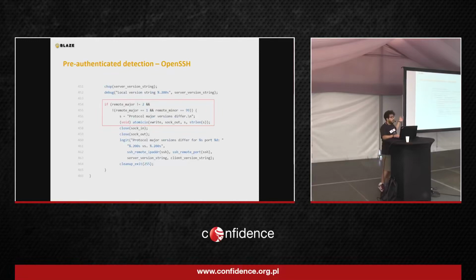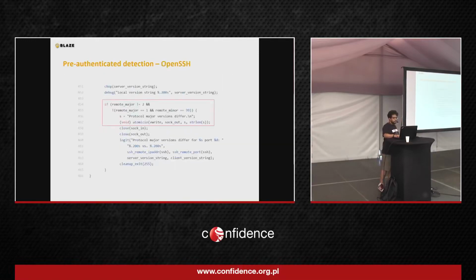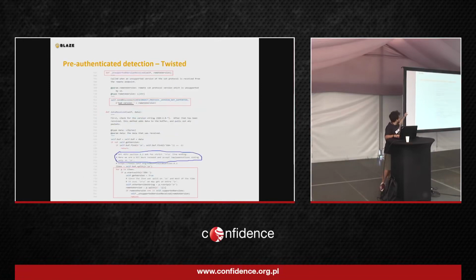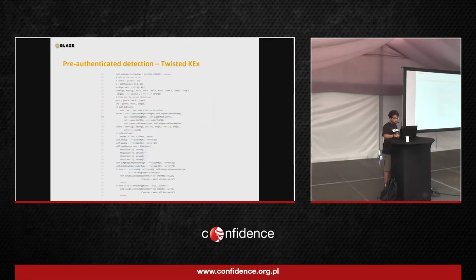This is what I was just saying about the bad version. Here it will say bad version when this for loop and these conditions are not satisfied, whereas OpenSSH would throw something else, saying protocol mismatch.